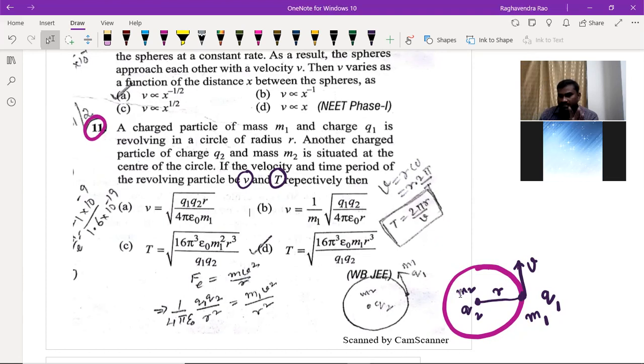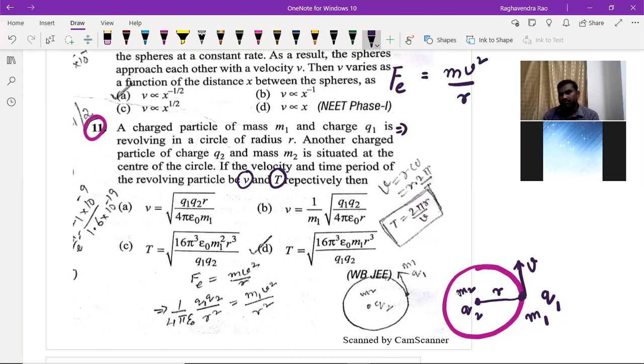Here, the necessary centripetal force is provided by the electrostatic force between the charges q1 and q2. So the electrostatic force between q1 and q2 is equal to the centripetal force, which is equal to mv square by r.